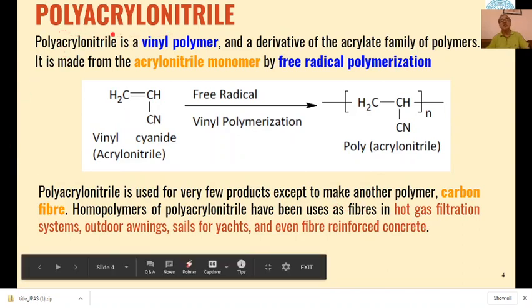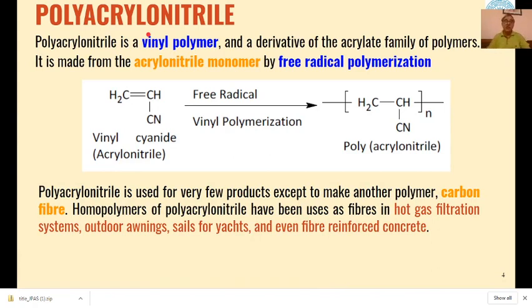Then the next commercially important polymer is polyacrylonitrile, which is also called PAN. This is formed from acrylonitrile or vinyl cyanide by free radical polymerization.